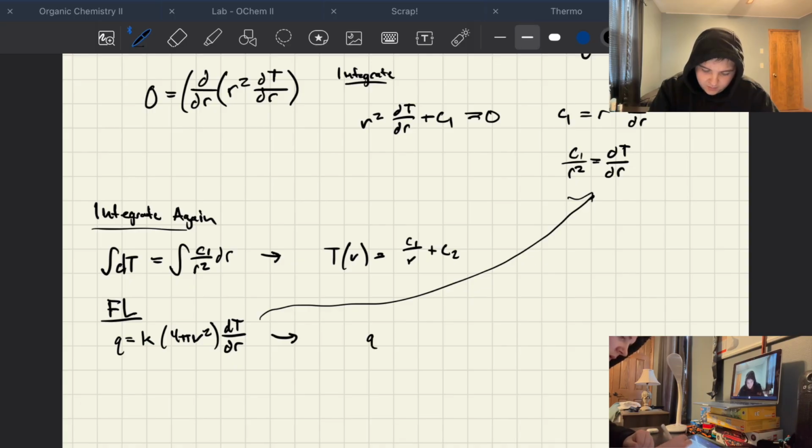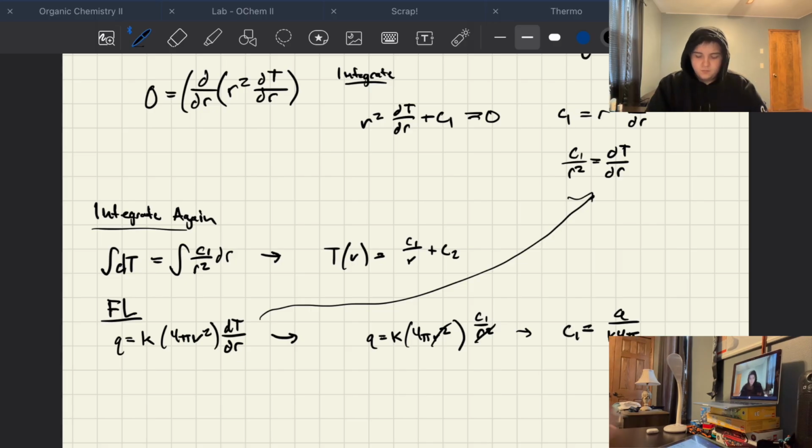So we're going to have Q is equal to K 4 pi r squared times C1 over r squared. And then we'll have these cancel, which will give us, and we want to solve for C1, so let's just do that now. So we'll have C1 is equal to Q over K 4 pi. Okay, cool.